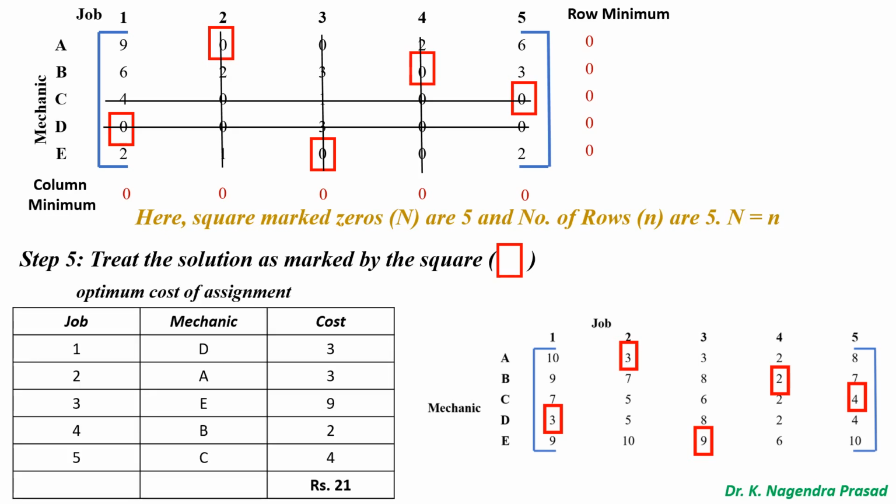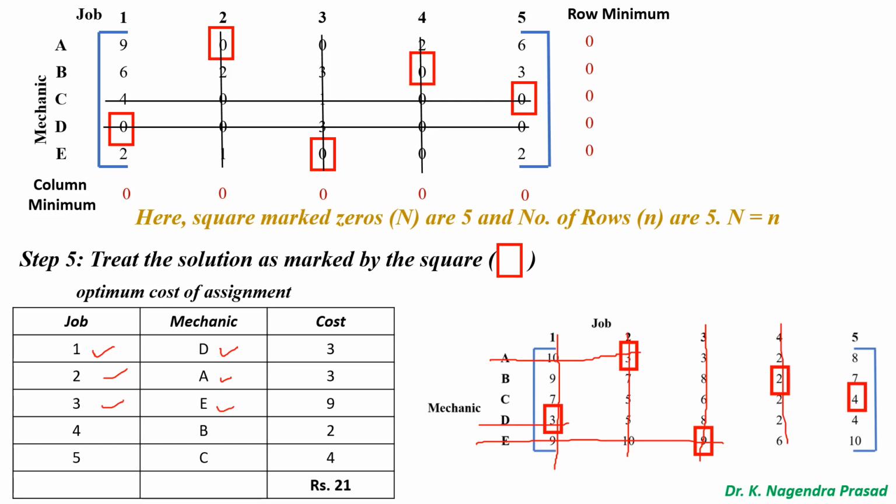Then the optimal cost assignment is: for the first job we assign mechanic D. Similarly, for the second job we assign mechanic A. For the third job we assign mechanic E.